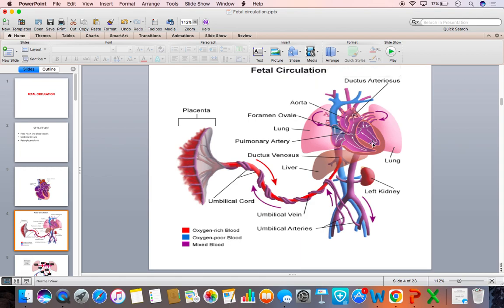So left ventricular output, it is around the 45% of the total ventricular output, goes into the aorta, arch of the aorta. It supplies the heart through coronary circulation, supplies the brain and upper extremities through the branches of arch of the aorta.